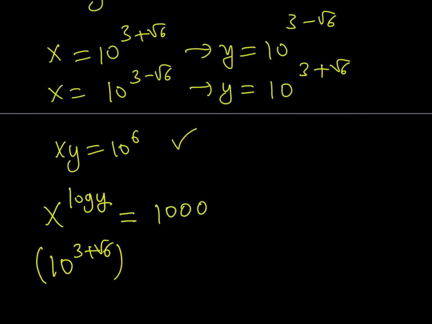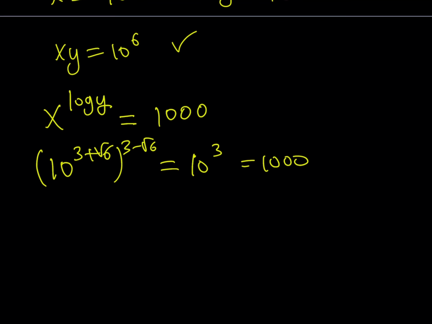And remember, log y is just going to be the power of y, which is 3 minus root 6. And when you do the operation here, you're going to get 10 to the power 9 minus 6, which is 10 to the power 3, and that's going to be 1000 from difference of 2 squares. So that works. What about when you switch them around?